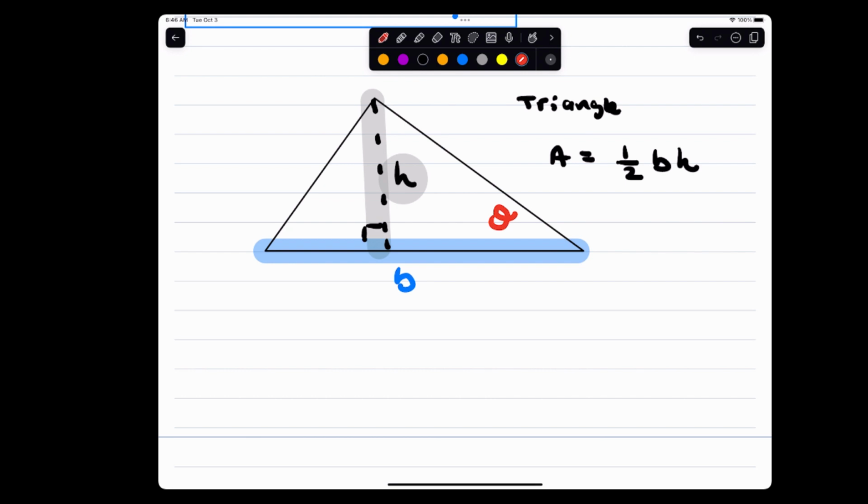I'm going to put an angle theta here, and we're going to call this distance down here A, and this distance up here B. So what I'm going to show you is we have another formula based on what I just wrote down, that my area is 1/2 AB sine theta. This is for any triangle.